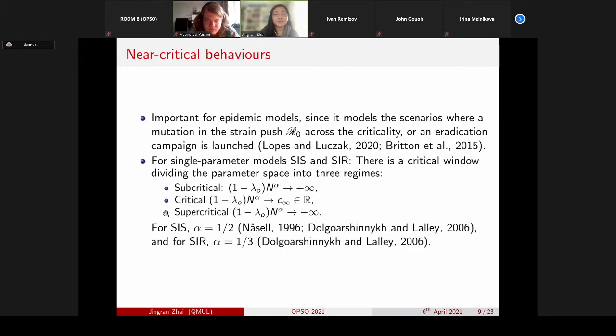The middle part, which is called the critical regime, behaves uniquely, and the subcritical regime actually mirrors what we would find for lambda_0 far away from 1 from below, and so does the supercritical regime. For the SIS and SIR models, we find the width of the critical regime is of order n to the power of -1/2 and n to the power of -1/3, respectively.